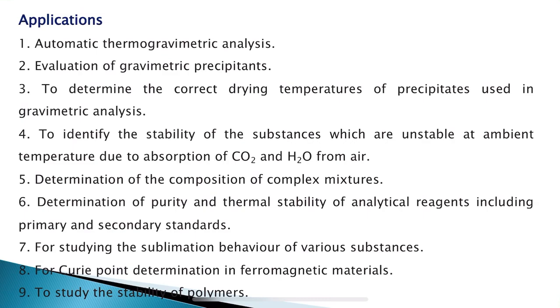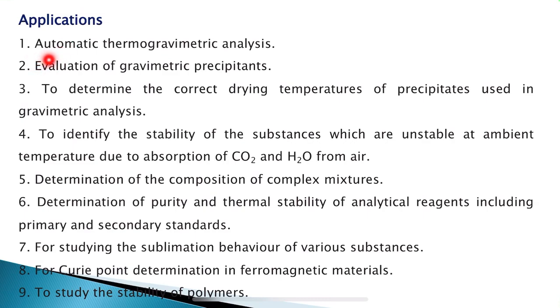So, the main application of thermogravimetric analysis is characterization. Now let us see one by one the applications of thermogravimetric analysis. This technique has been widely used in analytical chemistry, and some of the important applications are listed here.